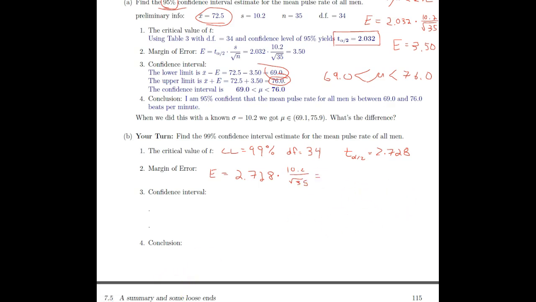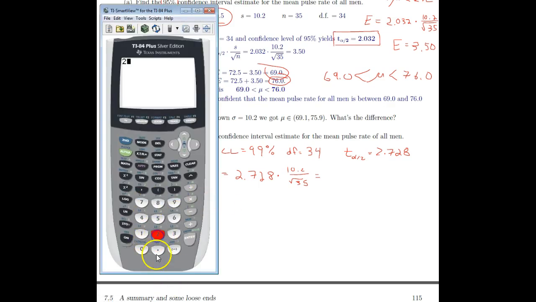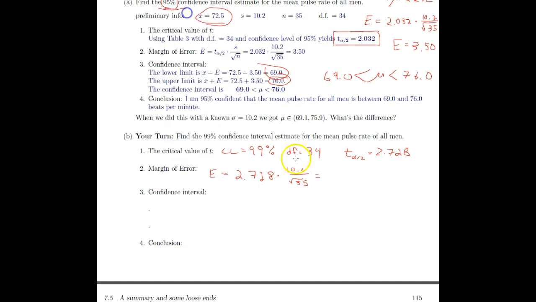You calculate this out, and what do you get? 2.728 times 10.2 over square root of 35 is 4.703. So let's just go with 4.70.